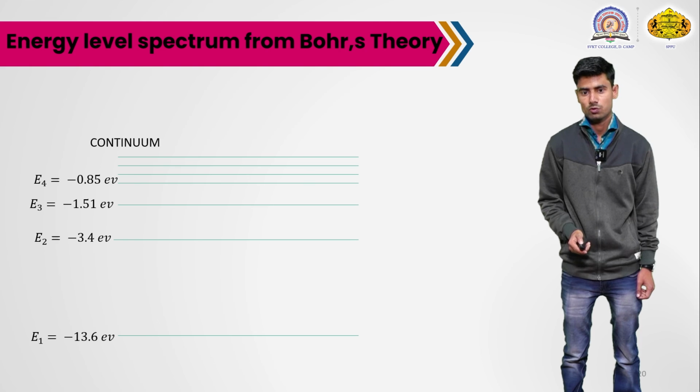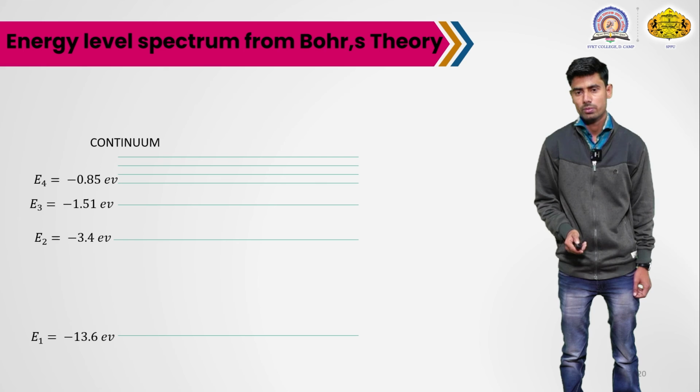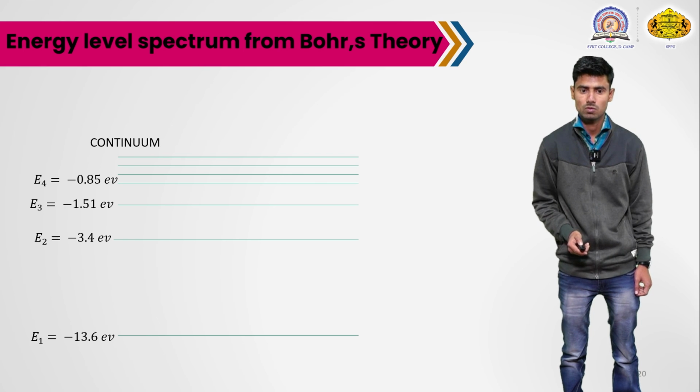As you go on increasing n, the density of the energy levels goes on increasing. As you can see from this diagram, the energy levels become more crowded. Initially they are more separated and then they get crowded, and a continuum of energy levels is formed for higher values of n, the principal quantum number.